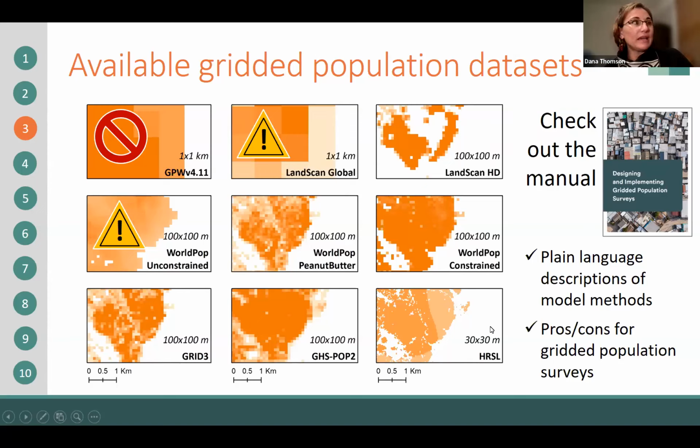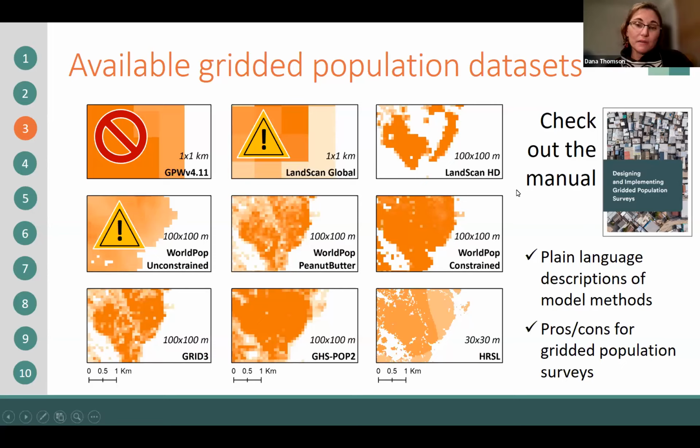And another takeaway here is that gridded population estimates are a rapidly evolving type of data set, because the availability of building footprint data in just the last few years has really changed the game in terms of how well we can estimate population densities and at what scale we can estimate those population densities.